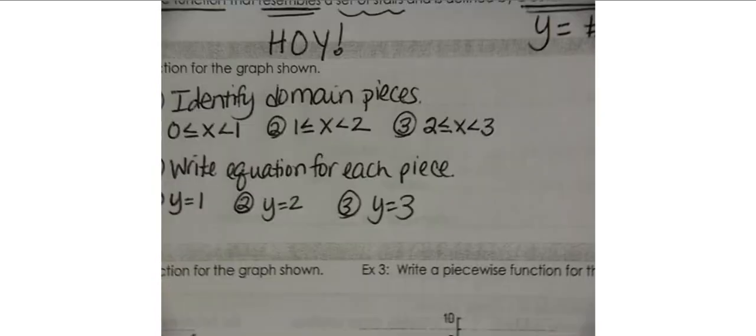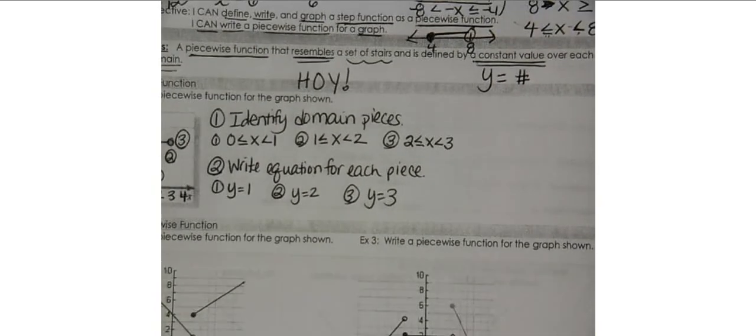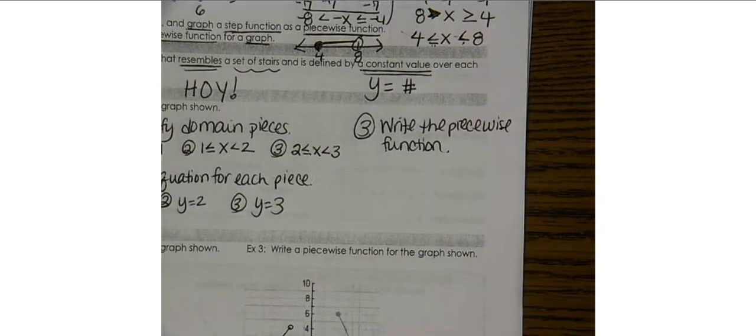So now that I have all of my domain pieces and all of my equation pieces, I now can do step number 3, which is to actually write the piecewise function. So remember that to write a piecewise function, you'll either write y equals or f of x equals. It doesn't really matter.